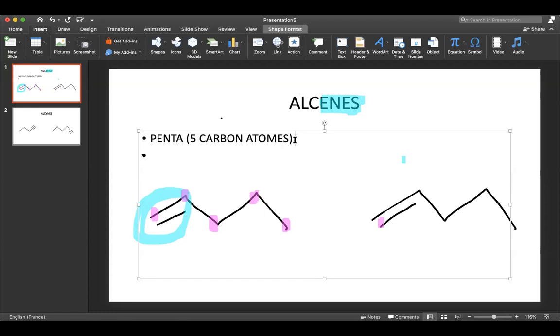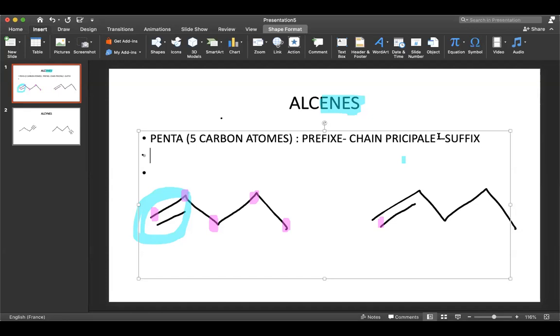Let me write the formula, maybe you forgot it: the prefix, then the main chain, plus its suffix. That's the general formula.